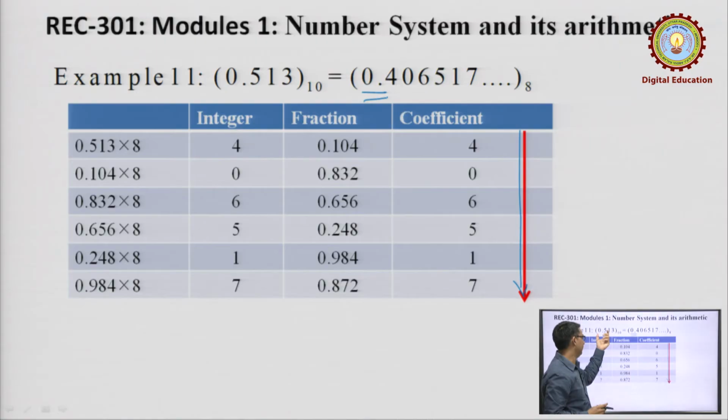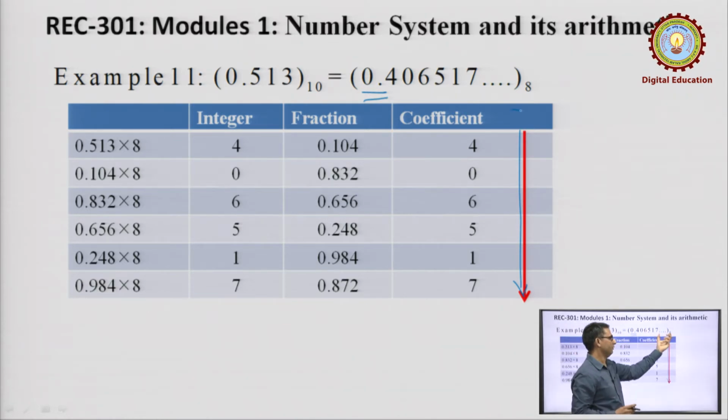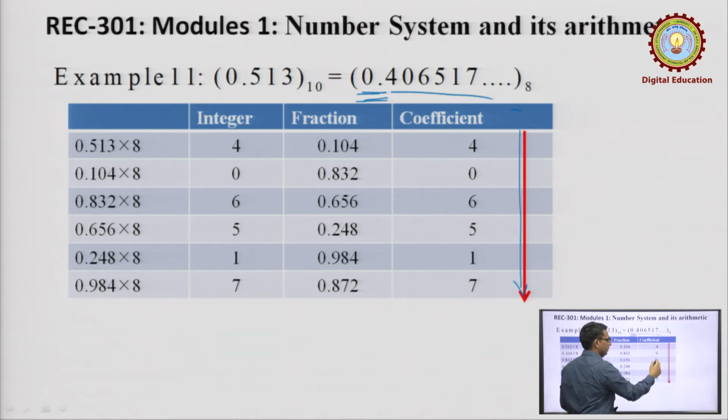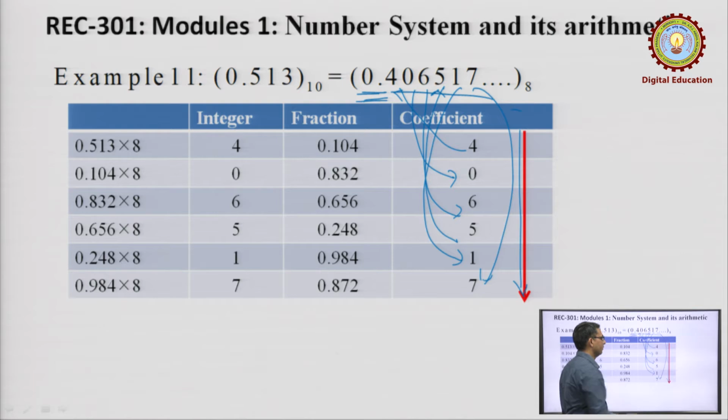So we put 0 point, and then the digits: 4, then 0, 6, 5, 1 and 7. So we get the answer from this.